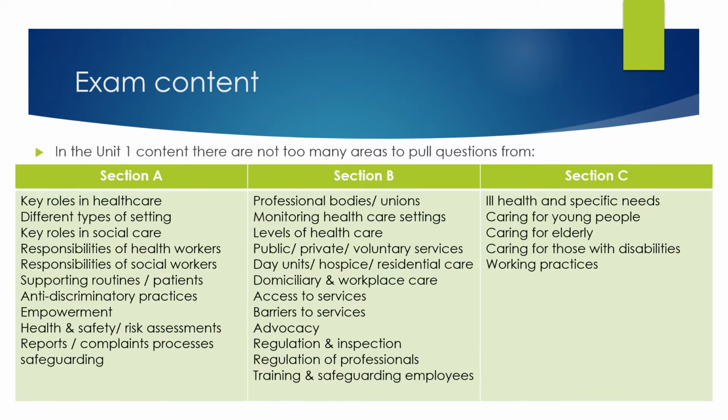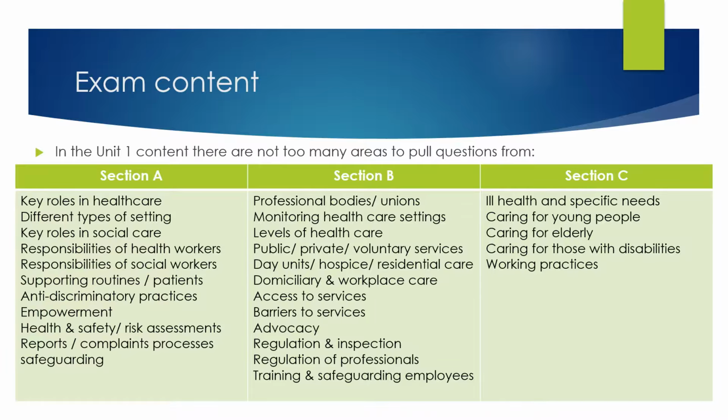So there are common themes in this paper, and the questions will come from the materials you've covered. Now, the content you've looked at is key roles in section A: the responsibilities, anti-discriminatory practice, empowerment, risk assessment, safeguarding, kind of what the role of care professionals are.